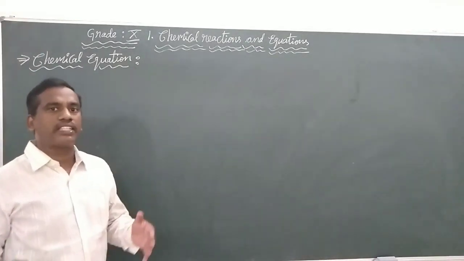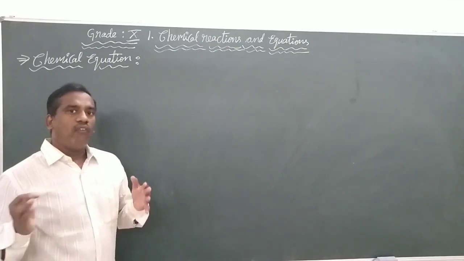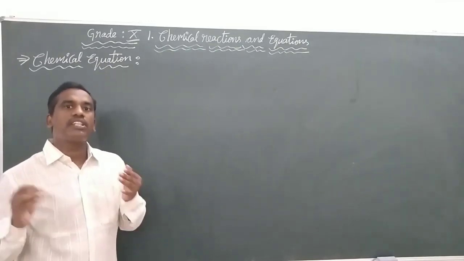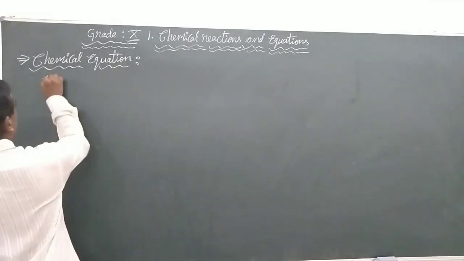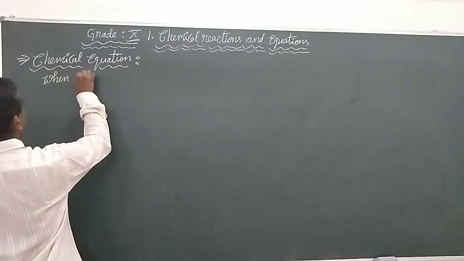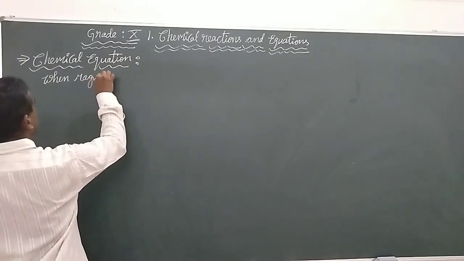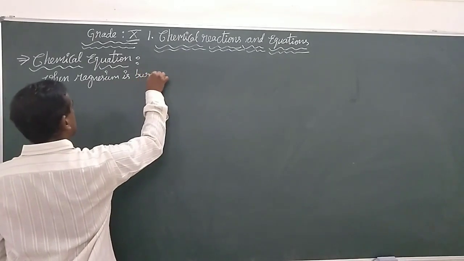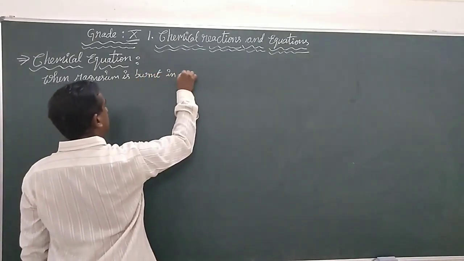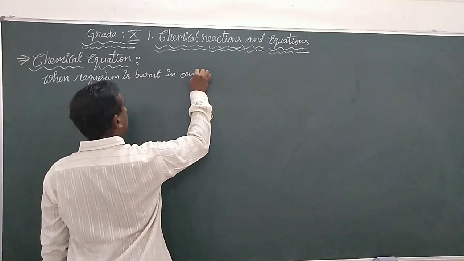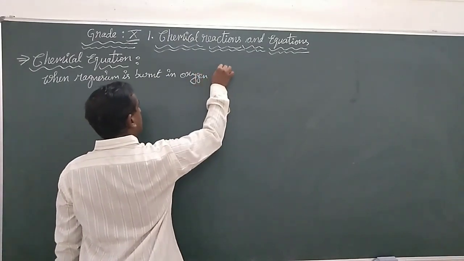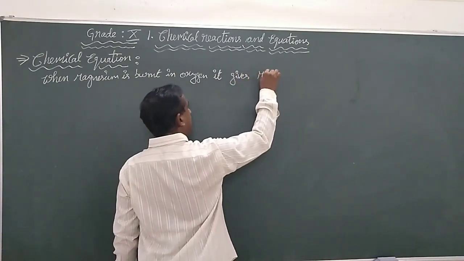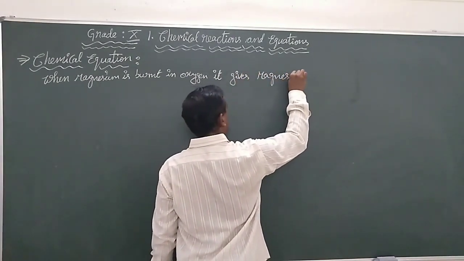Let us recover the activity 1.1. When magnesium metal is burned in oxygen, it gives magnesium oxide.